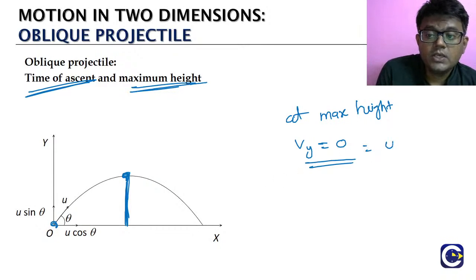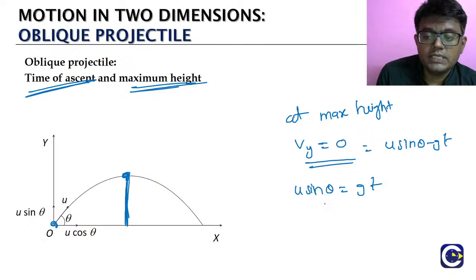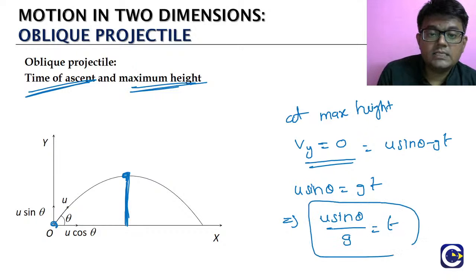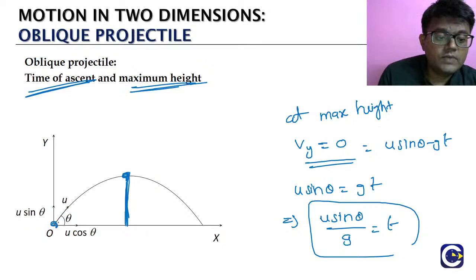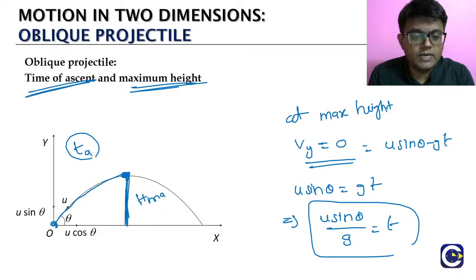We already have the vertical component of velocity formula: u sin theta minus gt. That value must become 0. So u sin theta should be equal to gt, which means u sin theta by g is equal to t. This is the time it takes to come to this particular point, called the time of ascent, the time up to reaching the maximum height.